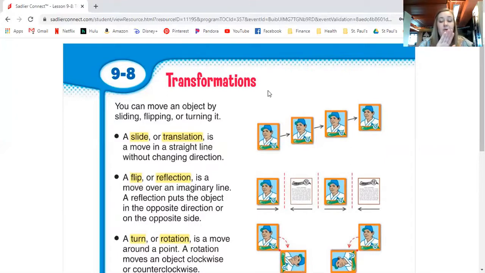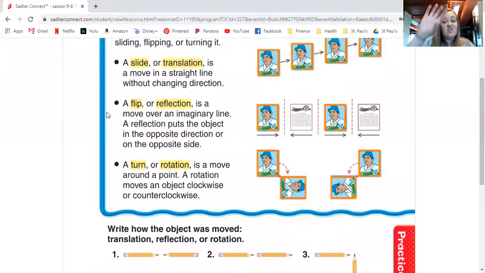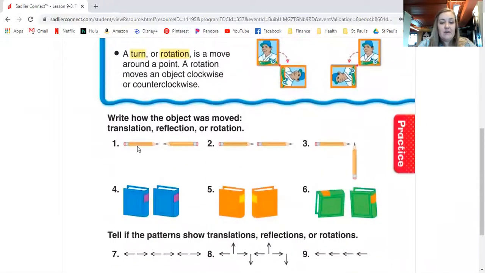If you do a flip, it's called a reflection. Think about if you look in a mirror, the opposite is going to be shown. So a flip or a reflection. And then the last one, turn, you rotate it or move it around a point. So we had different things here. Number 1, the pencil has been flipped. That means it's a reflection, whereas here it's been moved from one point to the next.